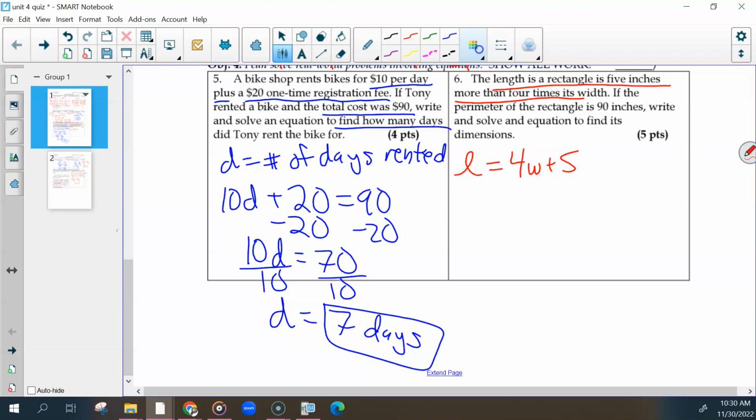You need to know your perimeter equation. This you didn't have to write, but if you needed it, P equals 2L plus 2W. Some of you put W plus L and it threw everything off. So make sure it's 2W plus 2L. Then put your L and your 90 in your equation.